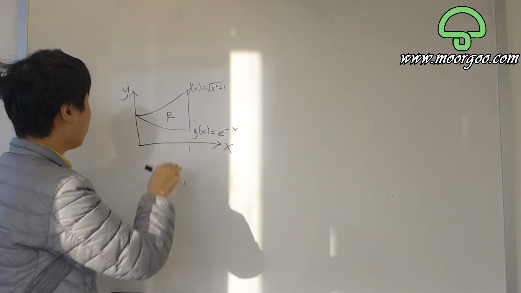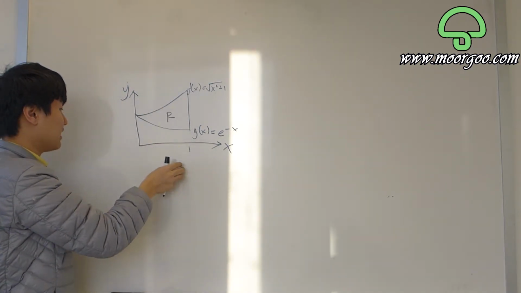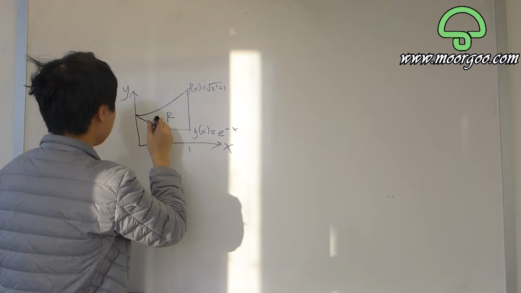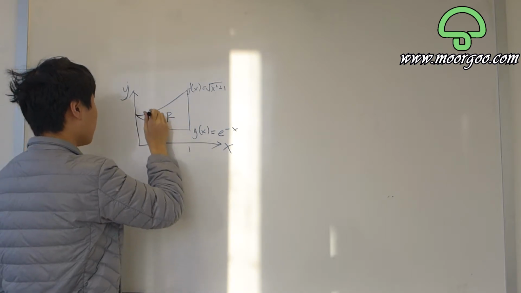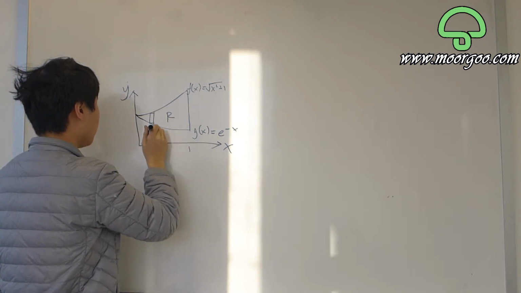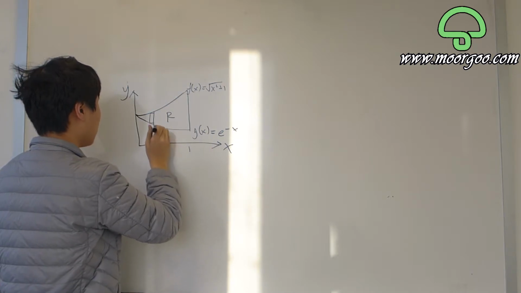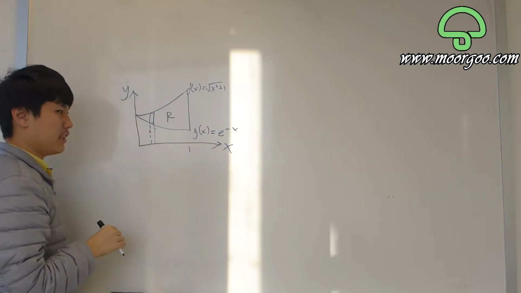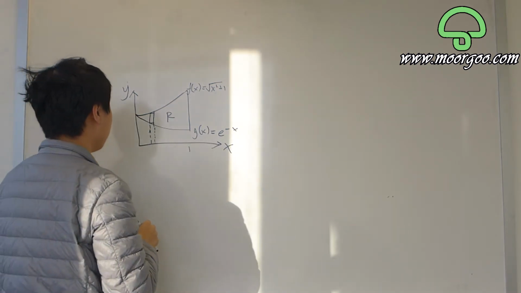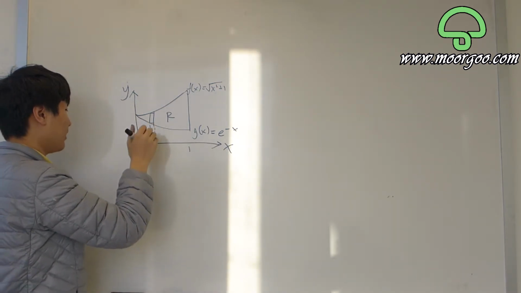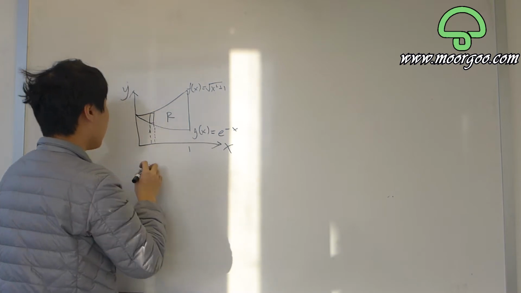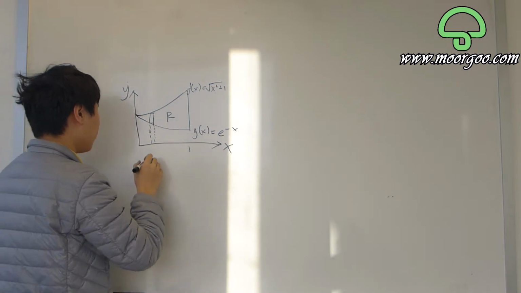Now we revolve this part around the x-axis, and this is not that straightforward, and we need to use not a disk, but a ring. And how do we calculate the volume of the ring?